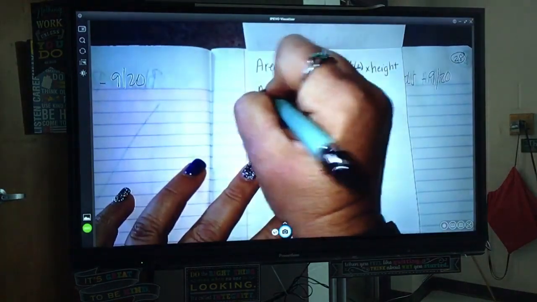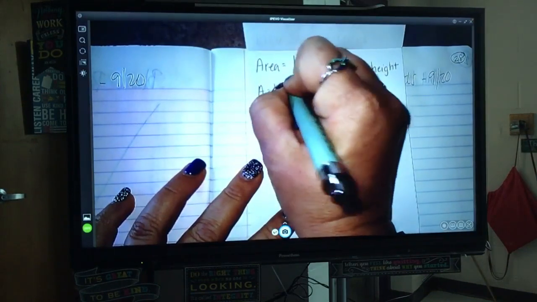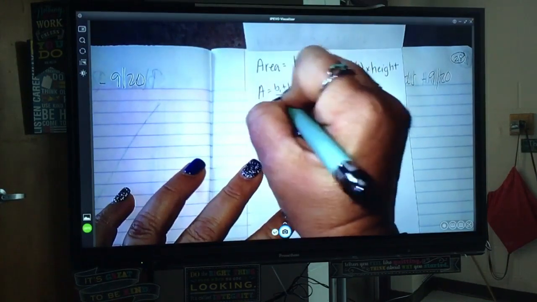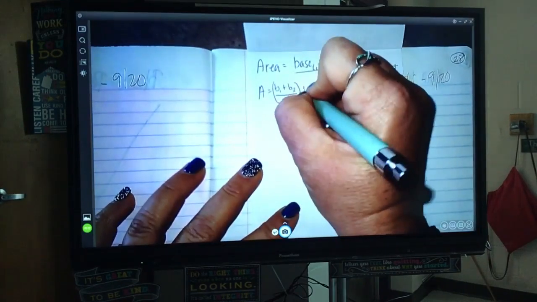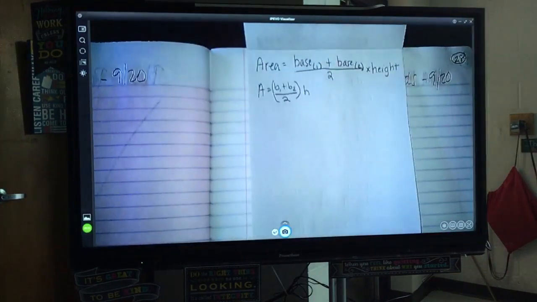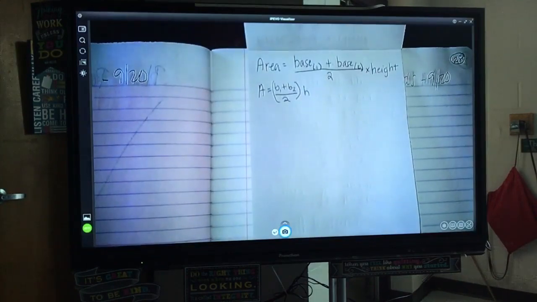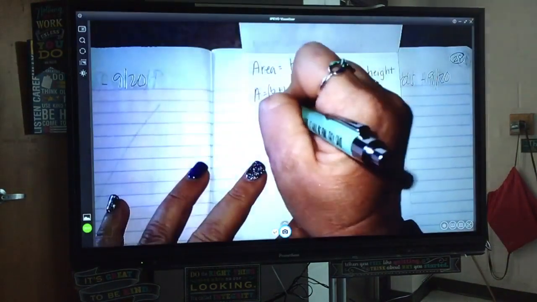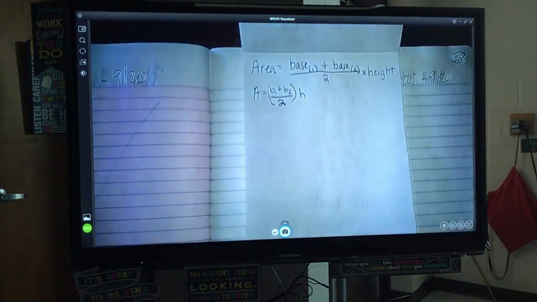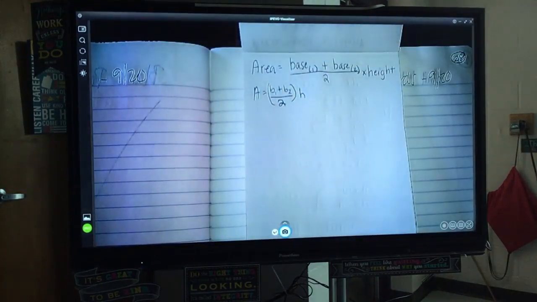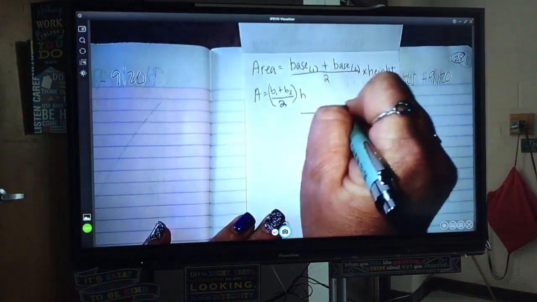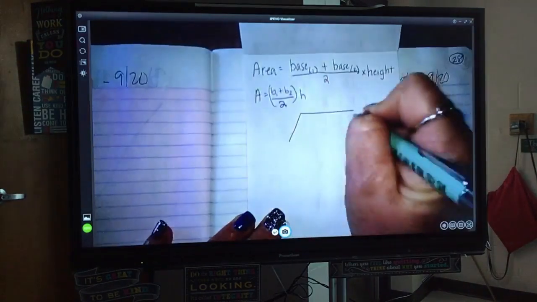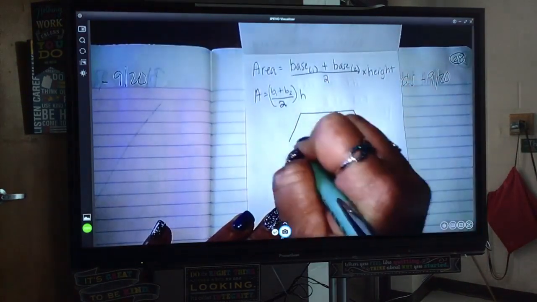If you write it out just using letters and numbers, this is what it looks like. So B1 plus B2 divided by 2, sorry, that does not look like a 2, times your height. But you're about to find out how unconfusing it is.